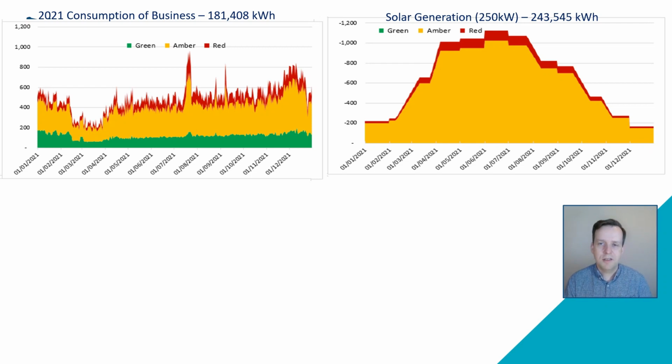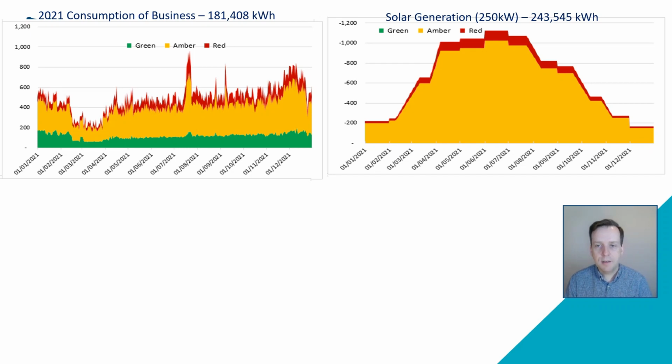So just as a rule of thumb, if you have a 100 kilowatt system, you'd expect 100,000 kilowatt hours out of it. Depends on where you are in the world and the radiant energy, but that sort of 1 kilowatt to 1,000 kilowatt hours is nominally a rule of thumb for solar generation.